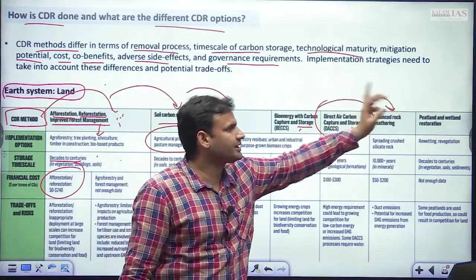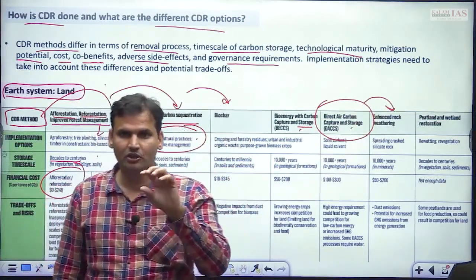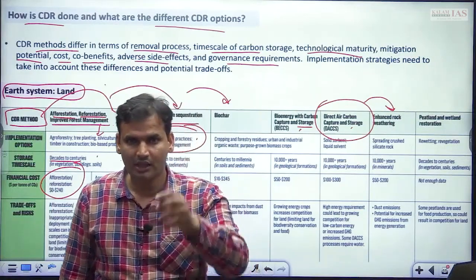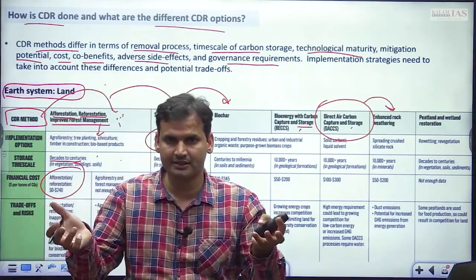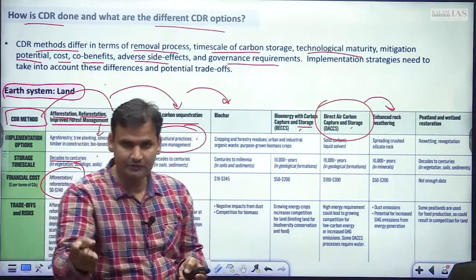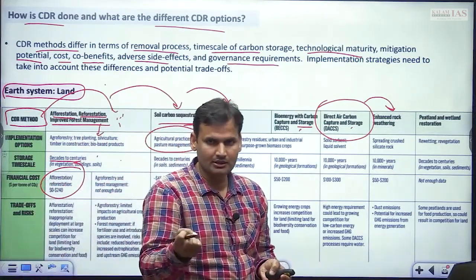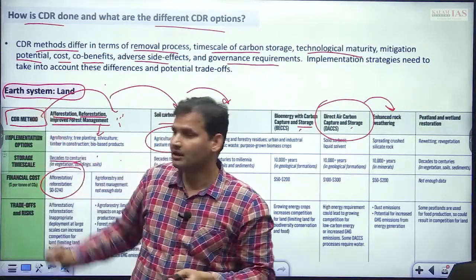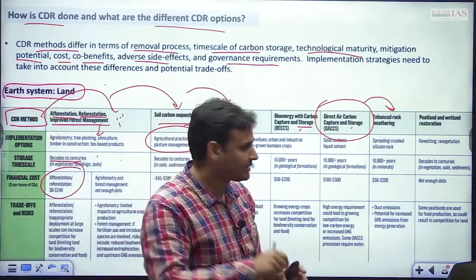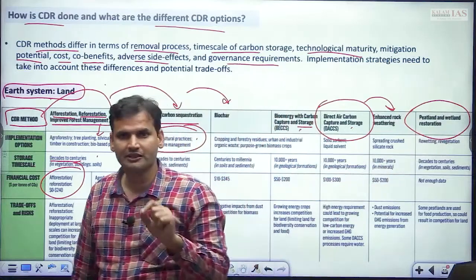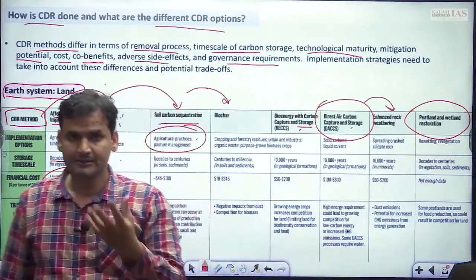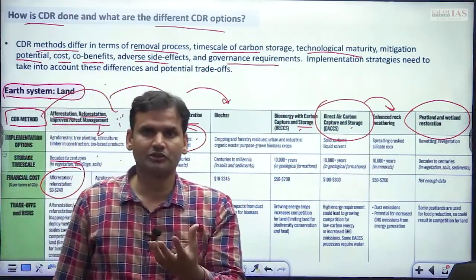Enhanced rock weathering: deliberately, rocks can be made to weather by applying certain chemicals. Or when rock weathering occurs, right, it is able to sequester more and more carbon. That is also a part of your earth system on land or terrestrial. And also peatlands as well as wetland restoration also help to sequester or store carbon.